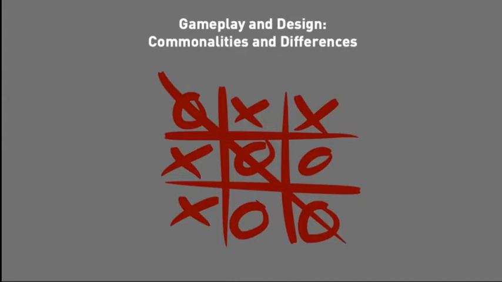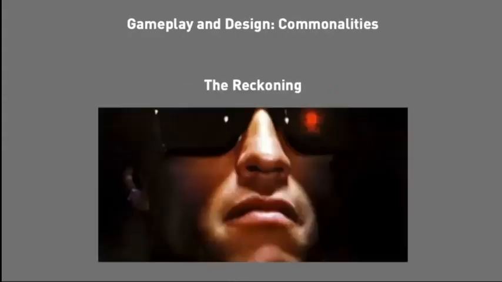So now I want to look at a couple of differences. Yeah, these were the commonalities. Now let's look at the differences. Oh, actually, this is one more commonality. I confused the slide here apparently. So in the end, there's a reckoning in both gameplay and in design. Yeah, there was either success or not. We're getting away with it or not. We've either won or not.